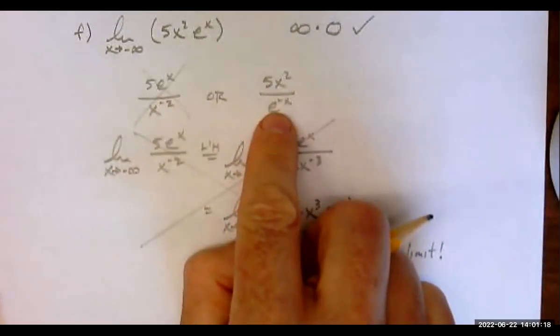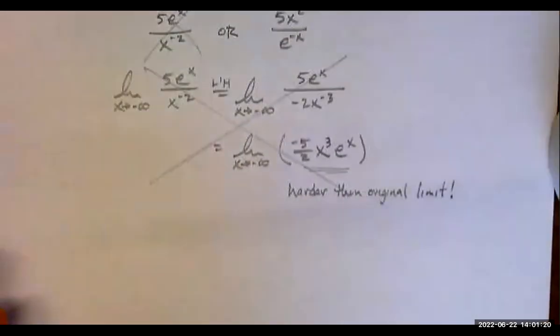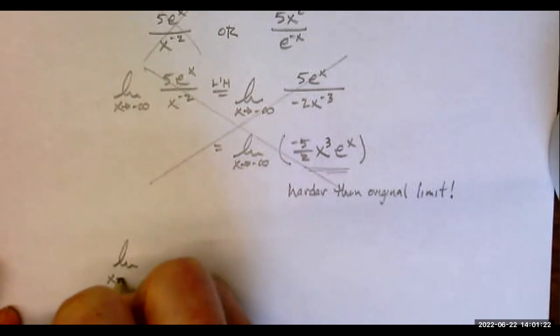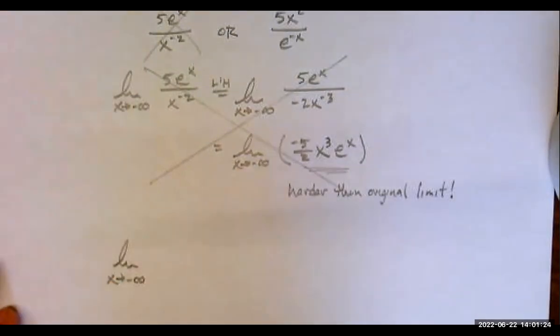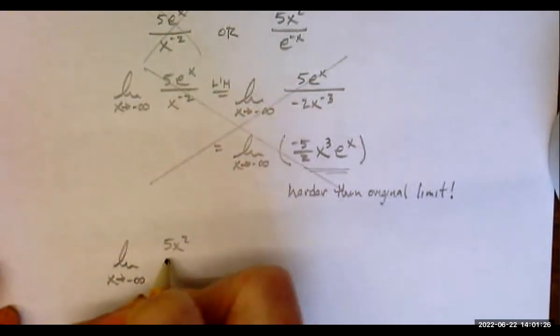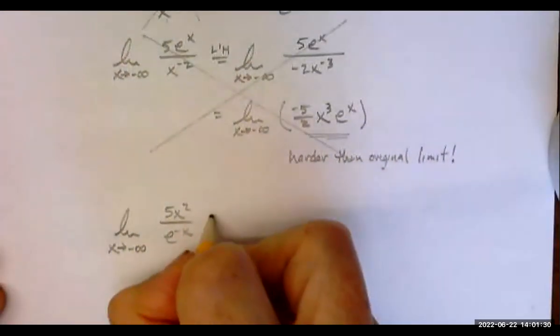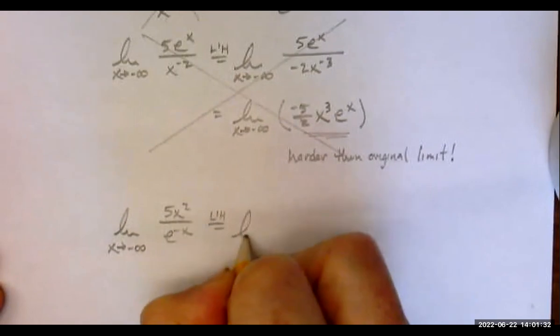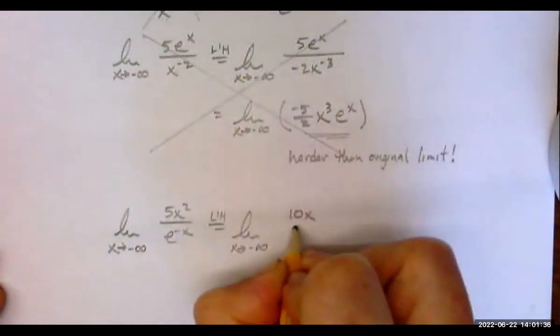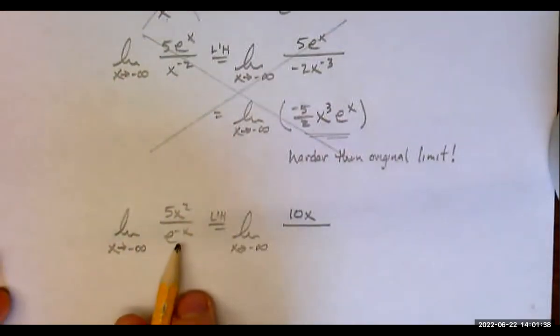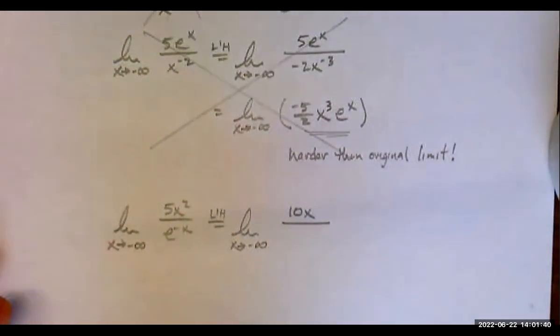Let's approach it with this, 5x squared over e to the negative x, as x approaches negative infinity. Applying L'Hopital's rule this time, 10x, okay, that looks good. And for this derivative, e to the negative x, notice there's a chain rule.